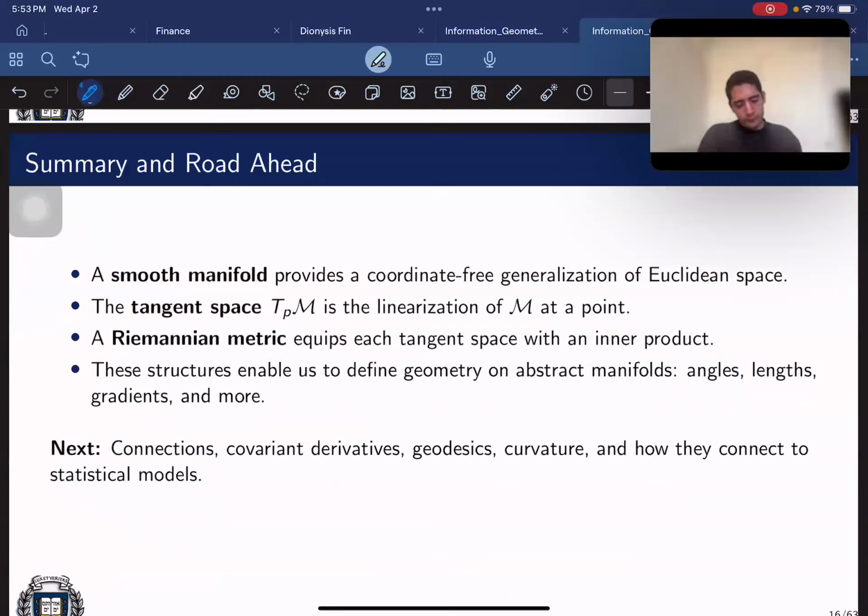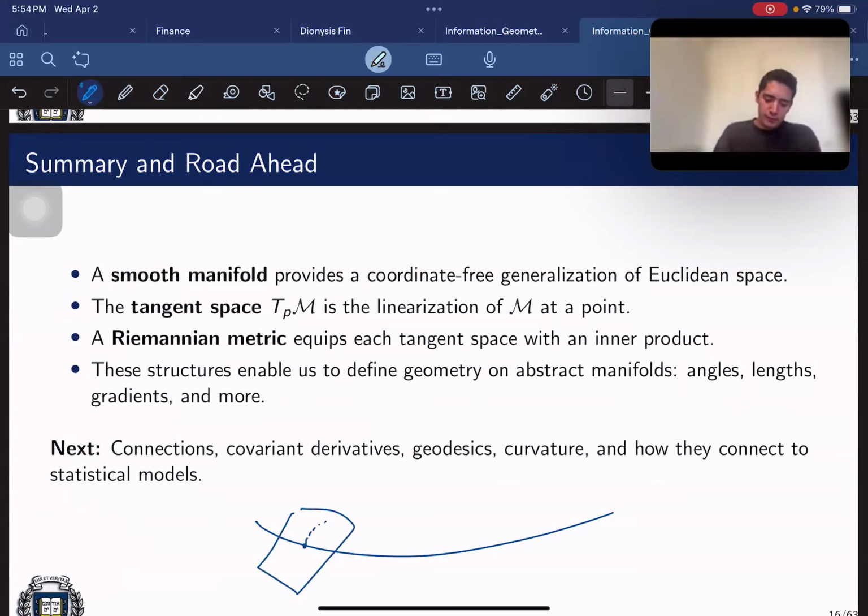So until now, we discussed smooth manifolds, tangent spaces, and the Riemannian metric. But the way we can go further from here is that, as you might ask, at each point of our Riemannian manifold we have a tangent vector here, and we have another tangent vector here. So what's the relationship between vectors at different points?